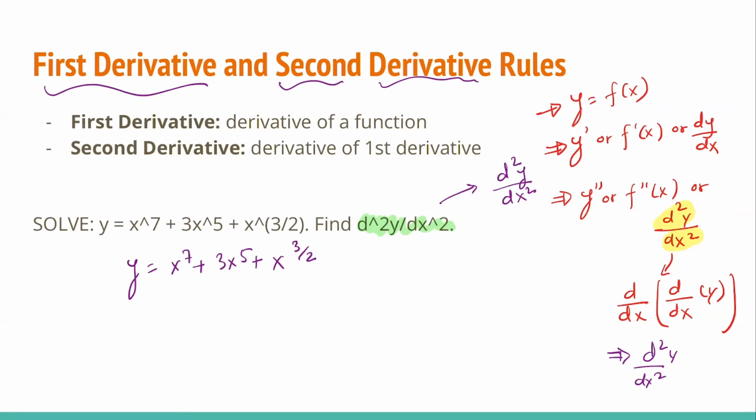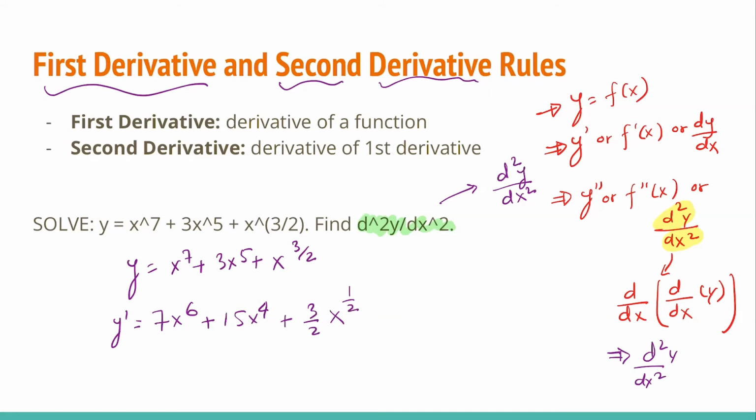So let's do it. y prime equals, so let's find the first derivative. The faster way of doing this will be 7x to the power 6 plus 15x to the power 4 plus 3 over 2 x to the power 1 over 2.